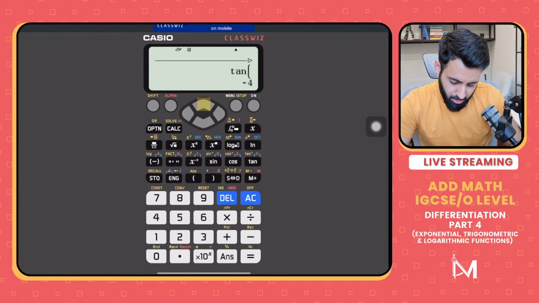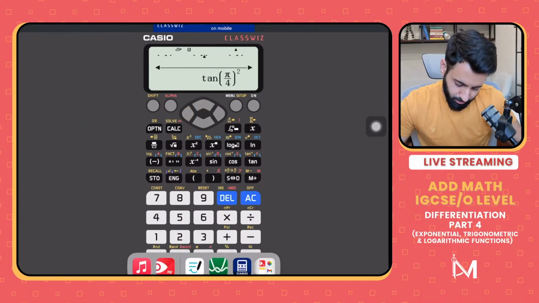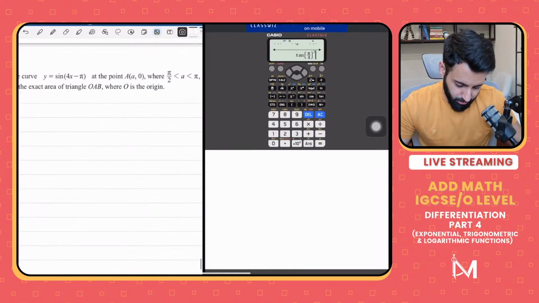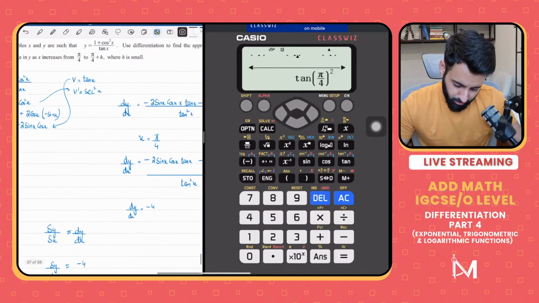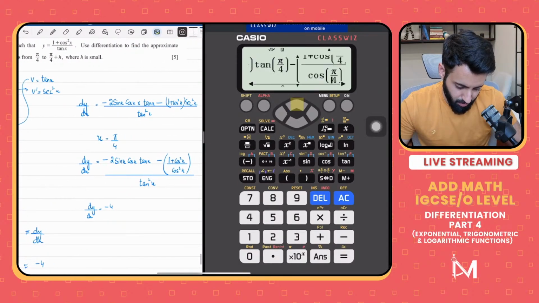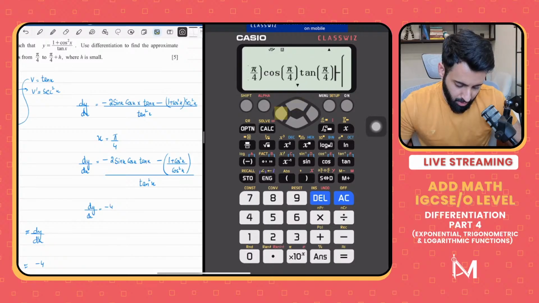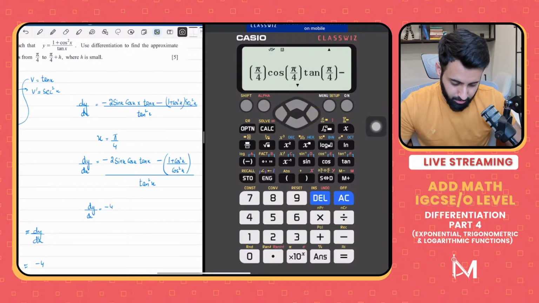So here it is. So first of all, make a fraction before you start. Minus 2 sine pi upon 4 into cos pi upon 4 into tan pi upon 4. Okay?